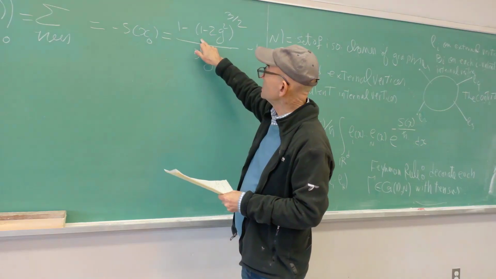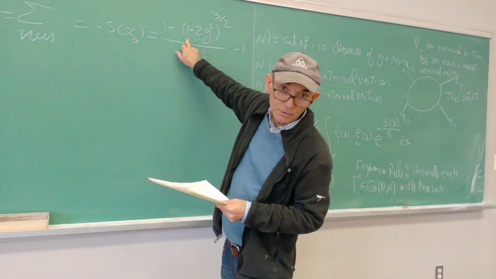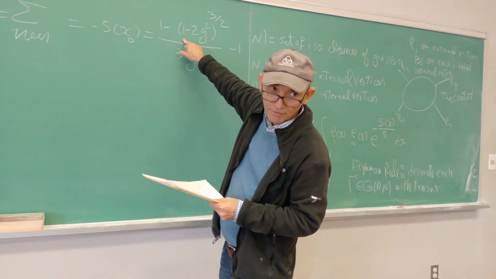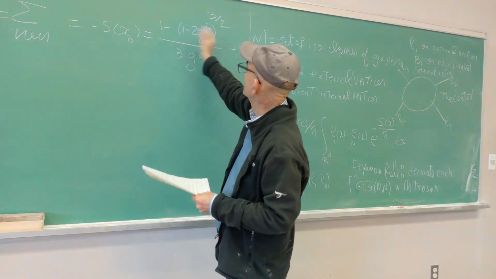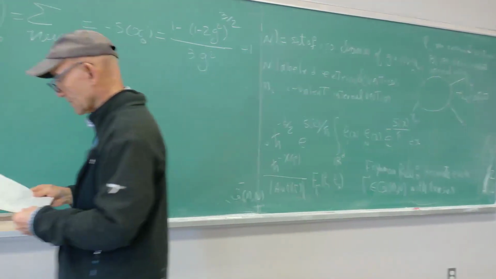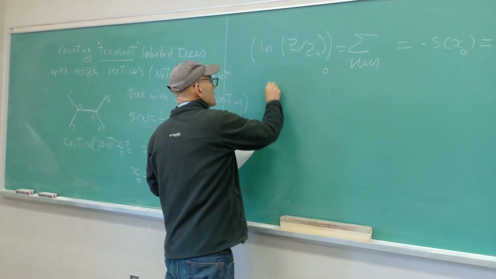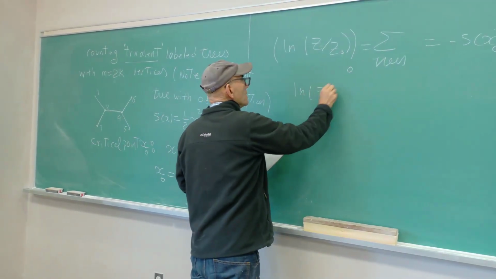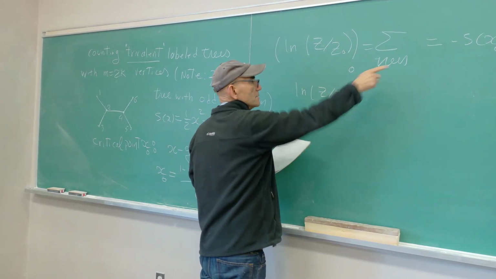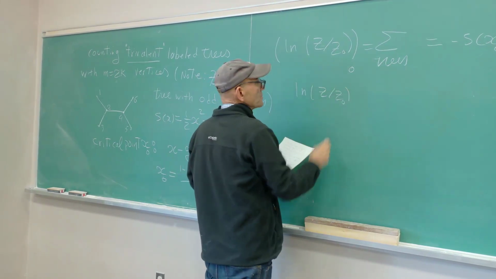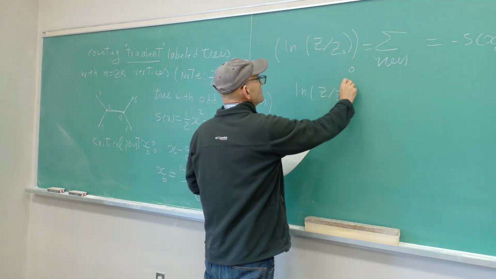And this is a function which is nice at g equal to 0. It's a regular function at g equal to 0 because there is some nice cancellation. So then we can take the Taylor expansion of that, right?